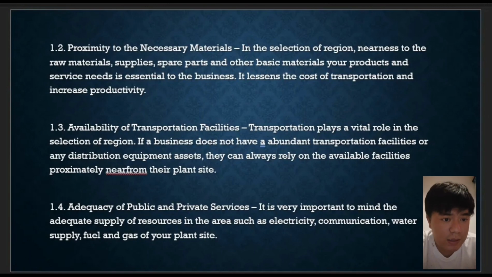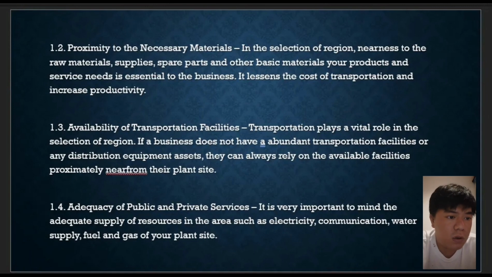Transportation facilities play a vital role in the selection of region. If a business does not have abundant transportation facilities or any distribution equipment assets, they can also rely on the available facilities approximately near their plant site.